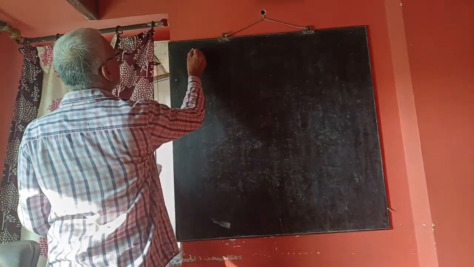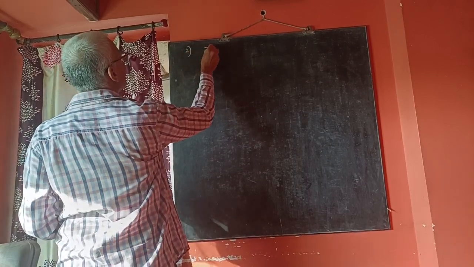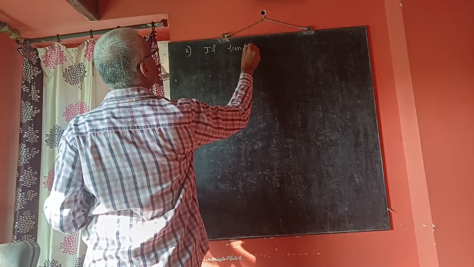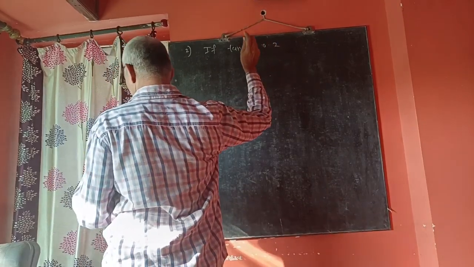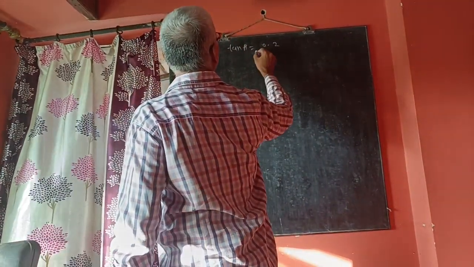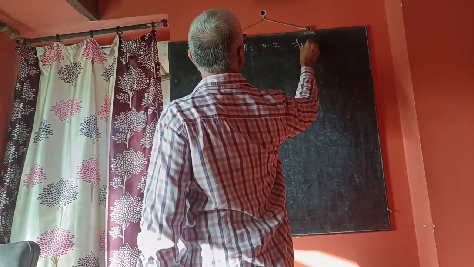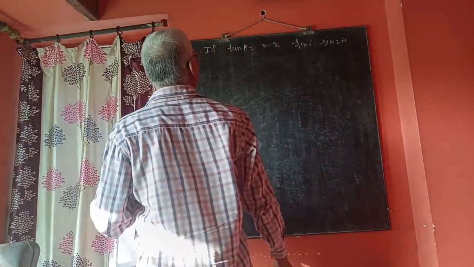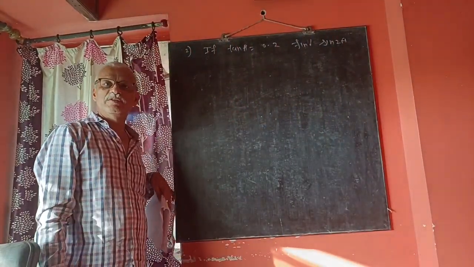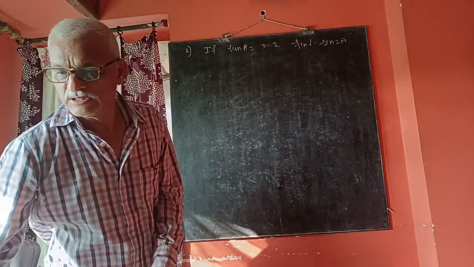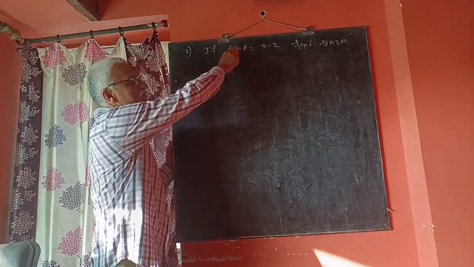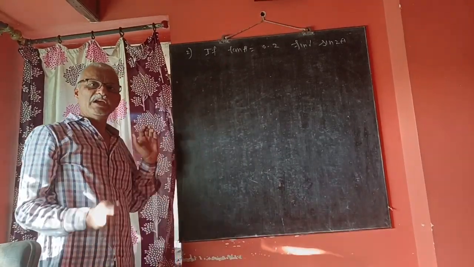If tan A is equal to 0.2, find sin 2A. Tan A equals 0.2, we have to find the value of sin 2A. Now, write down the formula for sin 2A in terms of tan. We have two formulas.